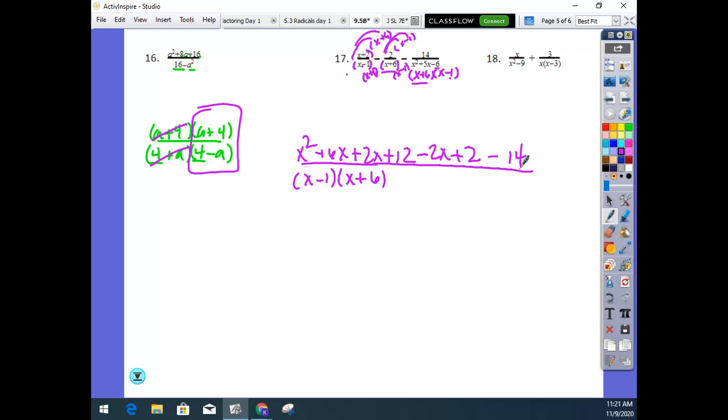So I just put all this on the top, kept my common denominator on the bottom, combine like terms. This is my only x squared, 6x plus 2x, 8x. Ooh, I still have that minus 2x. So that's 6x. Then 12 plus 2 minus 14 is just 0.